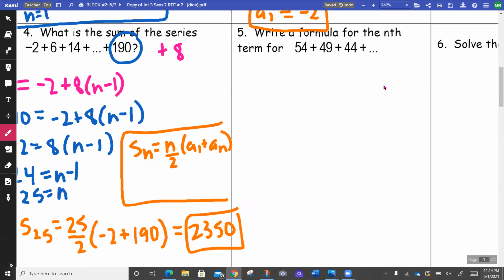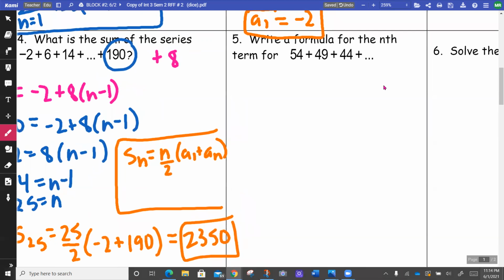So on number 5, write a formula for the nth term for this. So looking at this, it looks like I'm minusing 5 each time. So if I want to find the nth term, that's going to be a sub n is equal to 54 minus 5 times n minus 1.